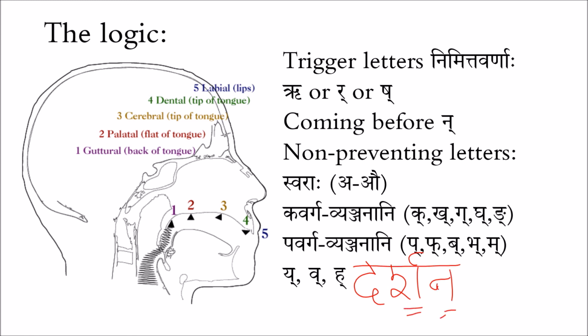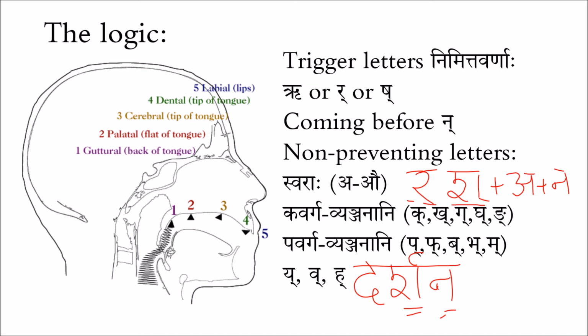There is ra, and then there is sha, and then there is a, and then there is na. In this case, the trigger letter ra is there, but after that there is a sha, which is a talavya sha, where talu, number 2, is the position.